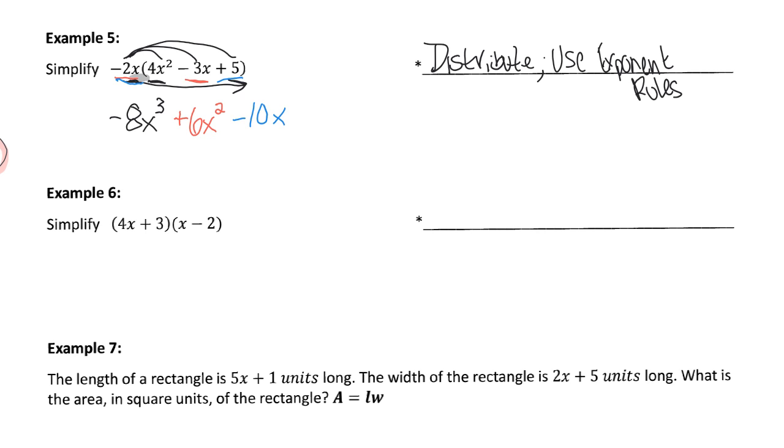Okay, so then looking at example 6, we're multiplying two binomials. So since we're multiplying two binomials, there's a little acronym for us, and it's called FOIL.